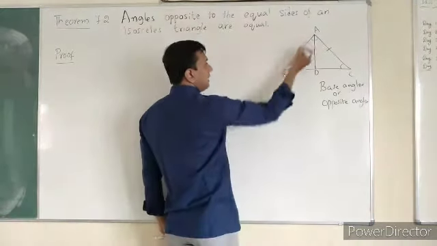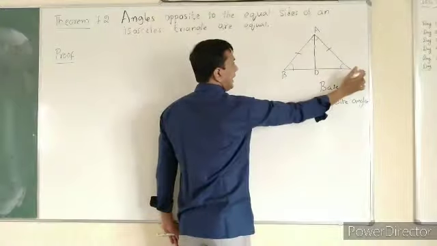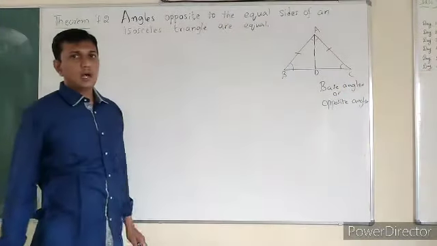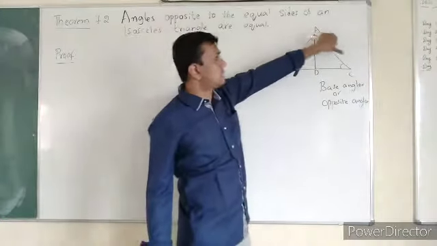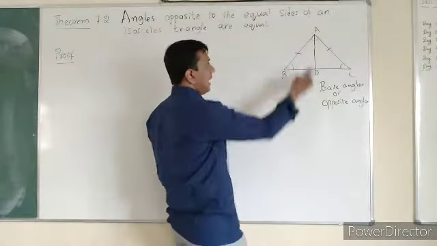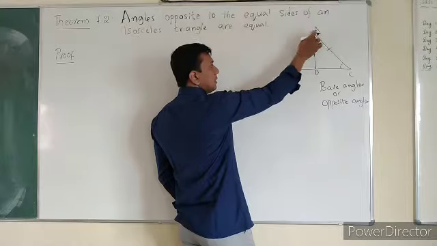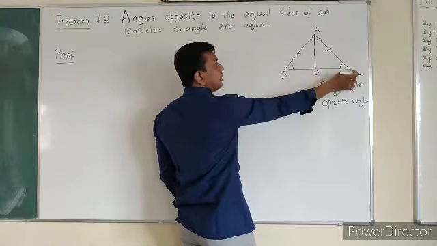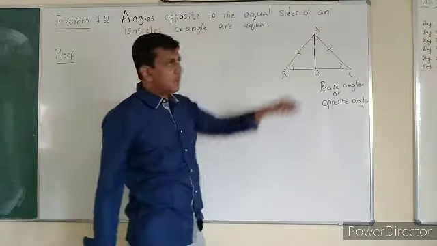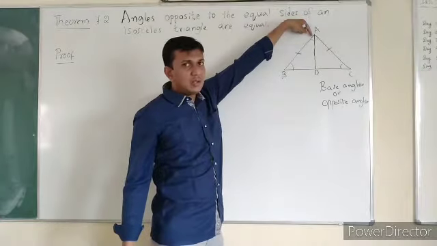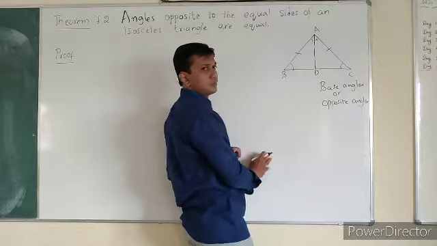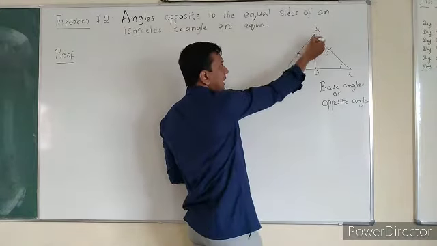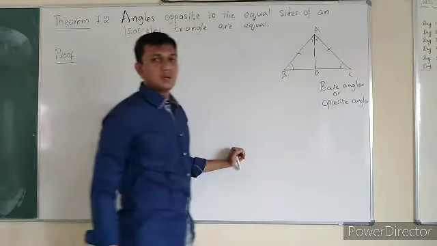Now I will compare triangles ABD and ACD. What are the common things you are observing here? AB is equal to AC, and angle BAD is equal to angle CAD. Why? Because I have drawn an angular bisector. These two angles are equal. At the same time, AD is the common side.